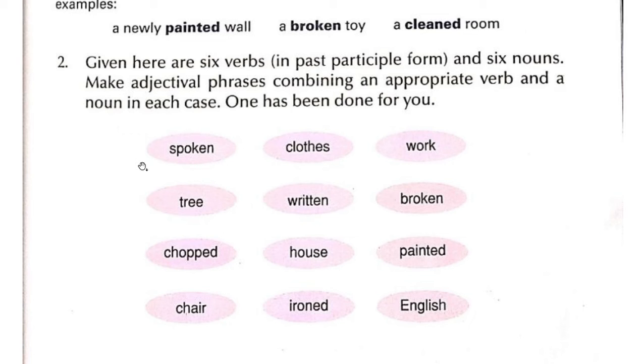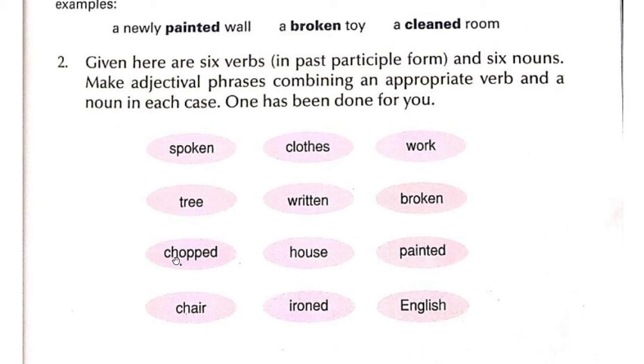This is the past participle of the verb speak. Then written, past participle of the verb write. Then broken, past participle form of the verb break. Painted, past participle form of the verb paint. Chopped, past participle form of the verb chop. Then ironed, past participle form of the verb iron.